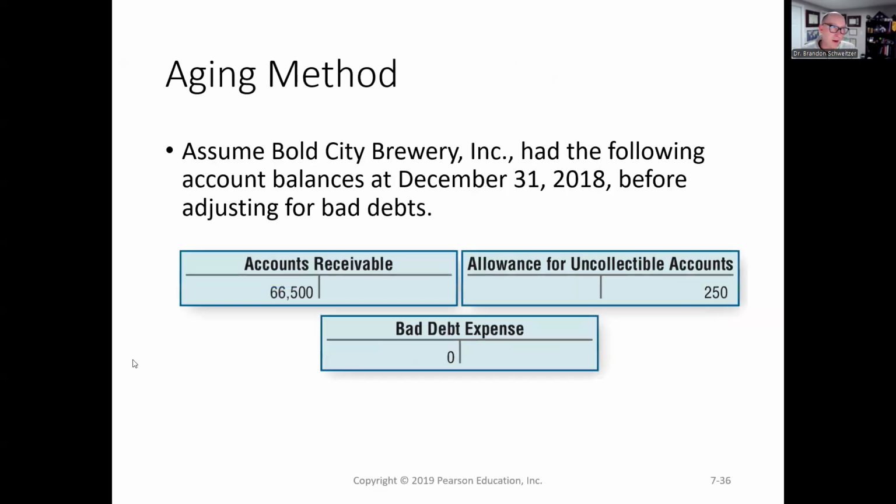The other method is called the aging method. As the name implies, we can generate a report called the aging report.